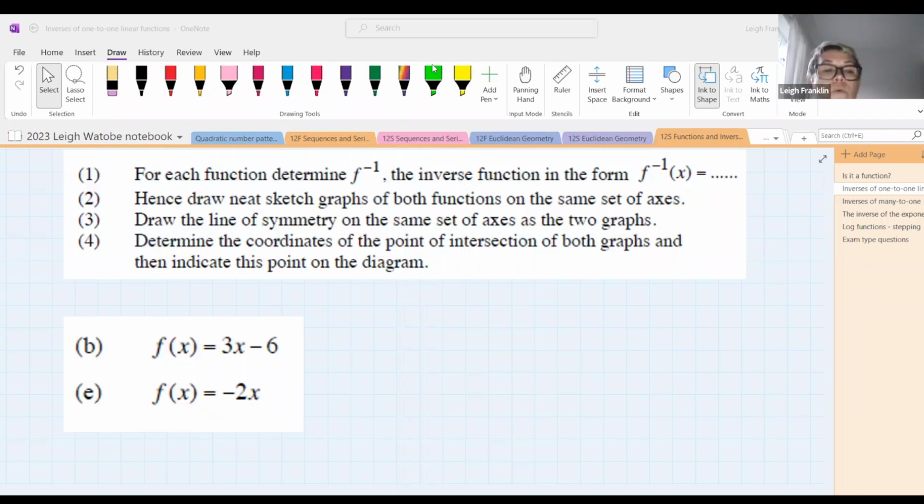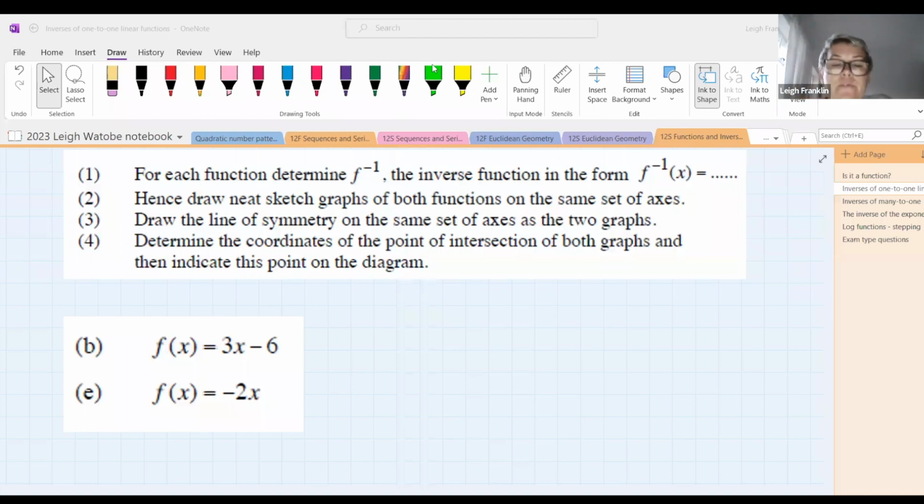Okay, so Nosipo, with which one? With B or with E? Okay, lovely. That's fine, Alungile, not a problem.